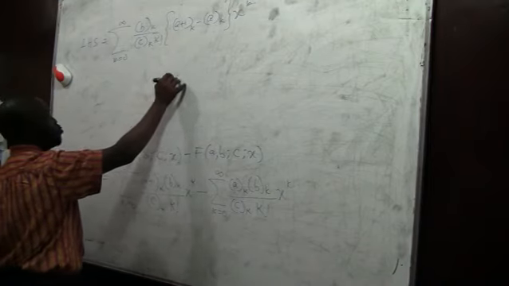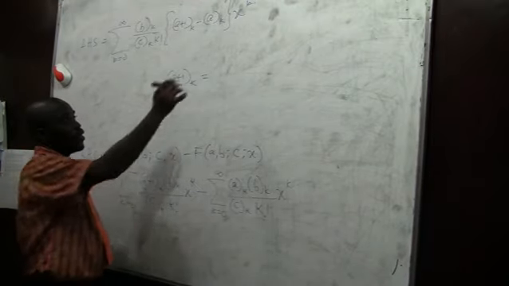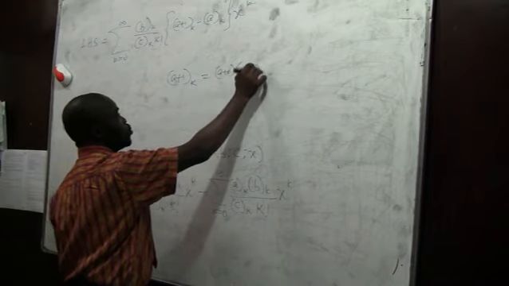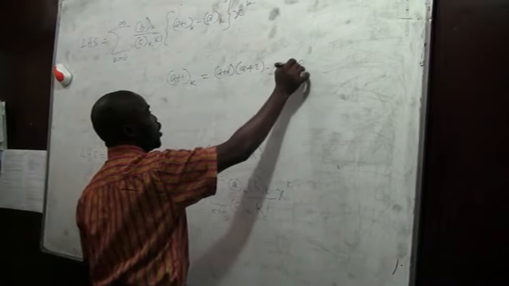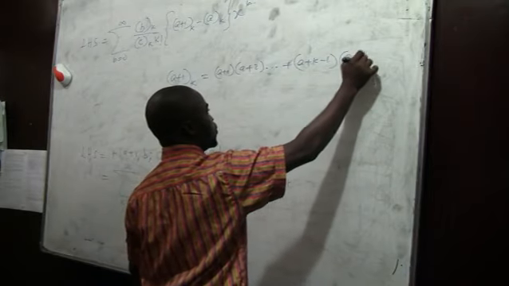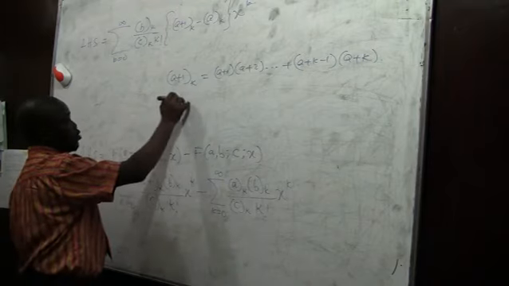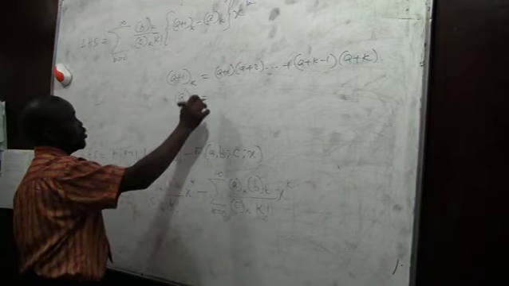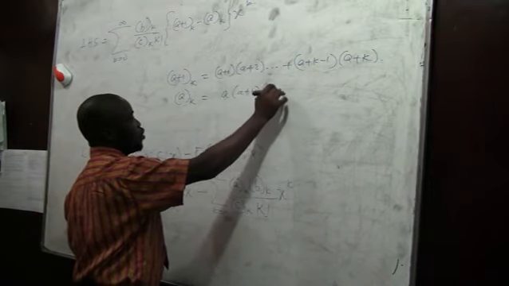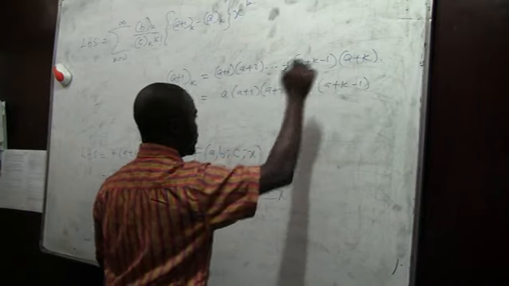We have (a plus 1) sub k equals (a plus 1)(a plus 2) up to (a plus k minus 1)(a plus k). That is what we have. For the second one, a sub k factorial function, a(a plus 1)(a plus 2) up to (a plus k minus 1).